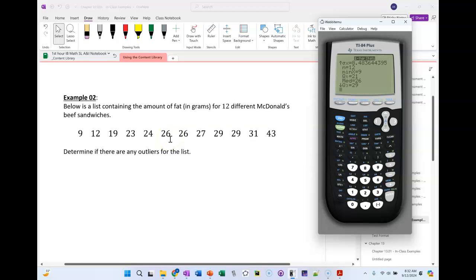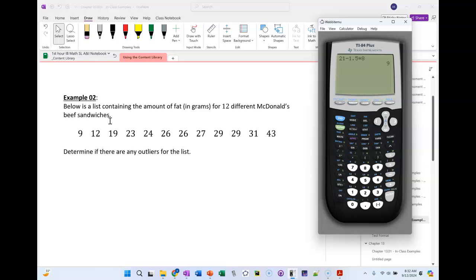Okay. Are there any outliers on this list? Which one was that times 1.5? It's IQR times 1.5. So it'd be either that much below Q1 or that much above Q3. So I'll take my Q1 and minus 1.5 times my IQR. 9. Are there any sandwiches less than 9?